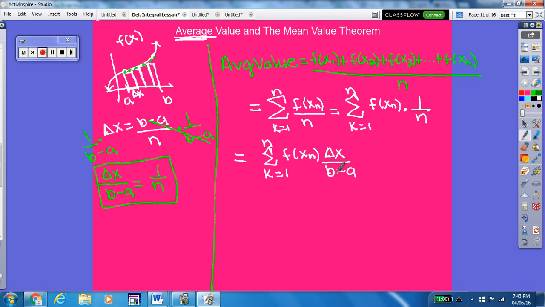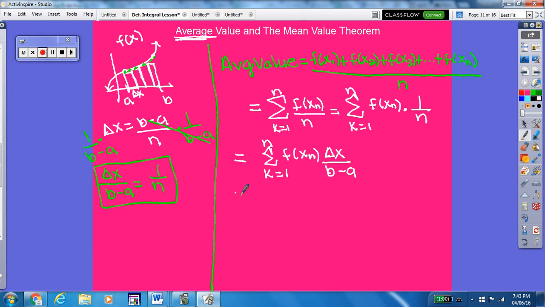Now, this b minus a, it's really just a constant. It's the difference between b and a. So it's always going to be some number. It's not going to depend on how many rectangles you have, because no matter how many rectangles you have, the distance from b to a is always the same. So I'm going to go ahead and pull it outside of the sigma notation. It's just not going to matter. As long as I add up those terms and multiply them by delta x, I can always multiply by 1 over b minus a, and that's going to give me the same exact answer as if I had left the b minus a here.